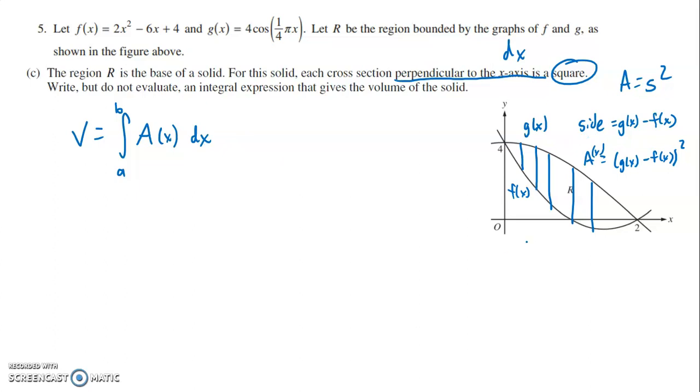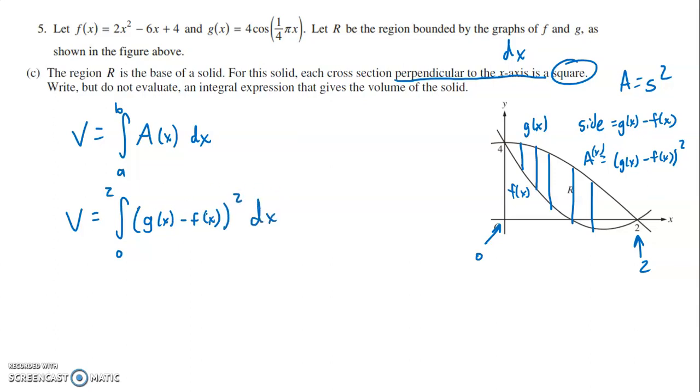Since we're doing it with respect to x, we want the x limits, which would be 0 and 2. So we can set this one up as the integral going from 0 to 2. My area function, since it's a square, is something squared. And in this case, to find the side, I'm going to do g of x minus f of x, squared.